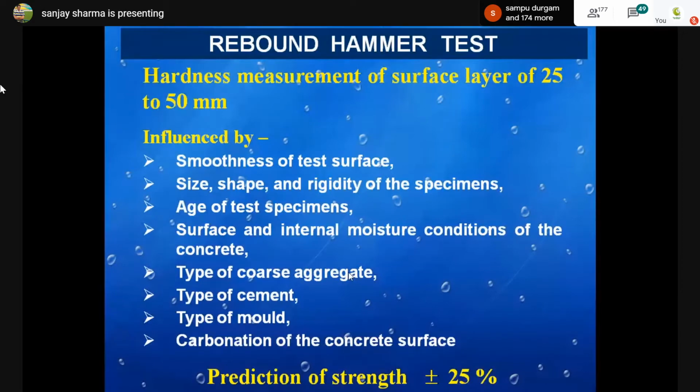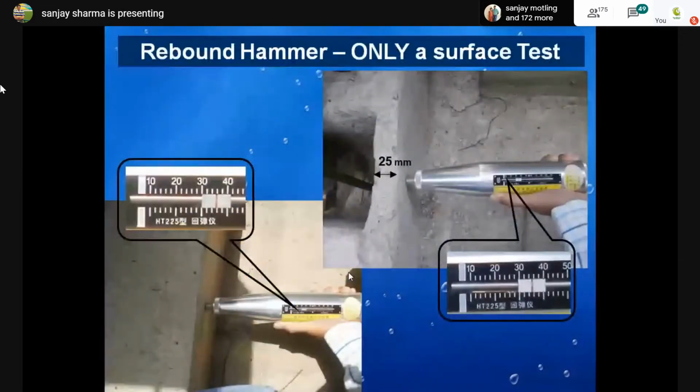If not, we say we don't agree, and we go for a higher type of testing. We may go for core testing, we may go for CAPO testing. We first have to mutually agree on our acceptance criteria for these tests.